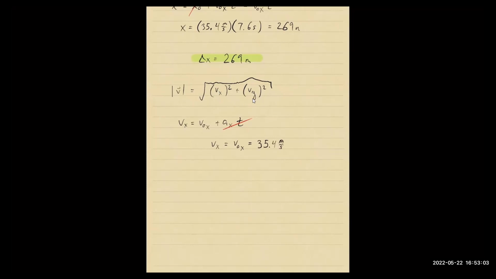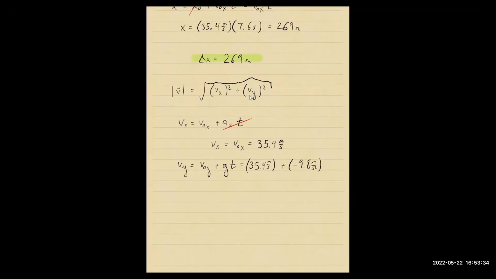But now we need to figure out how fast the ball was going in the y direction just before it hit the ground. So we can do that too. The final velocity's y component is equal to the initial velocity's y component plus the acceleration in the y direction times time, or 35.4 meters per second plus minus 9.8 meters per second squared.